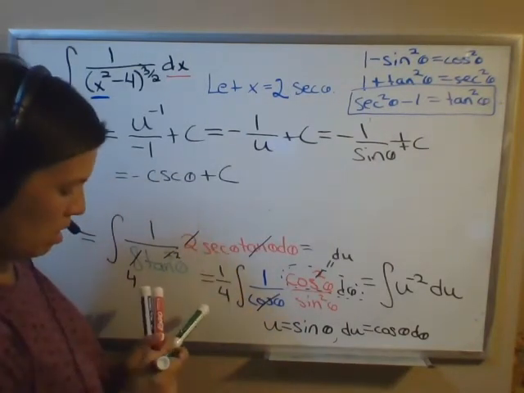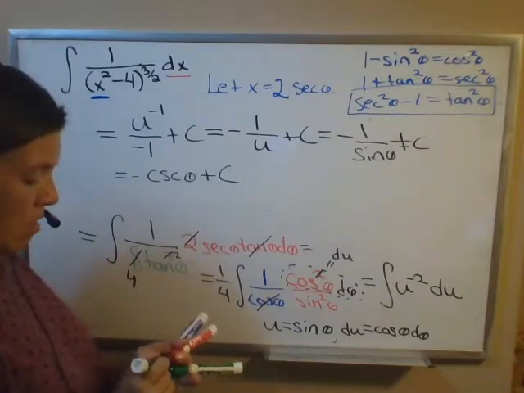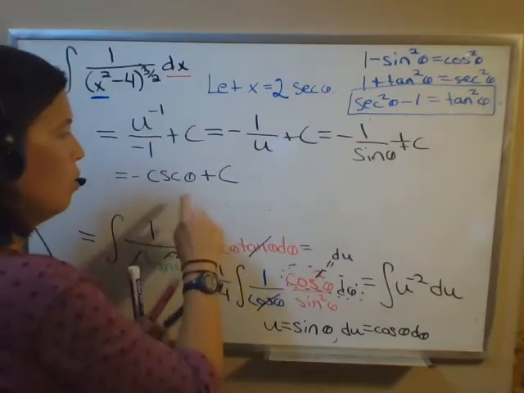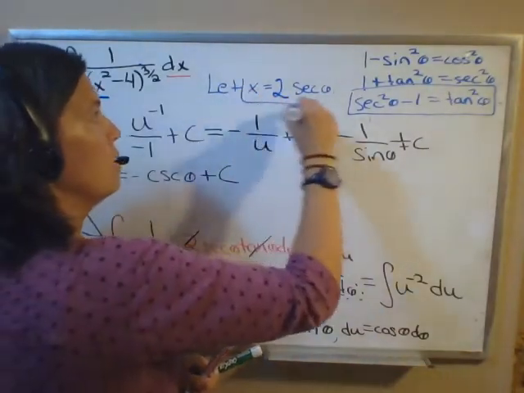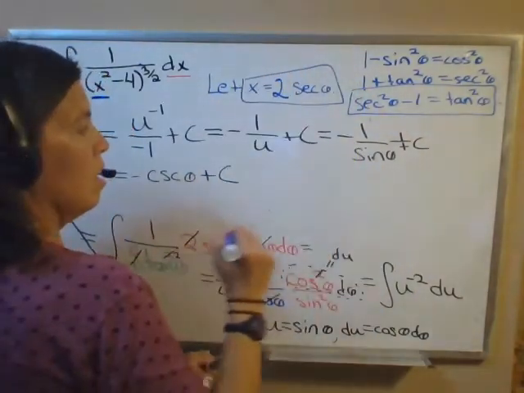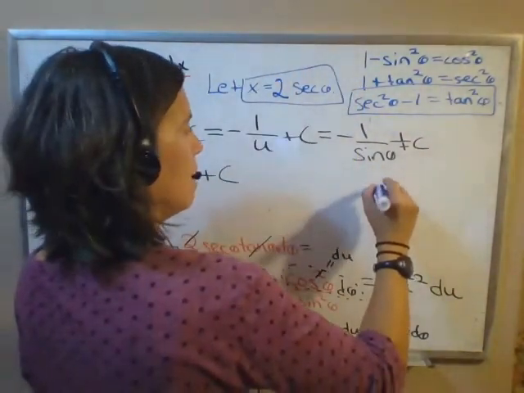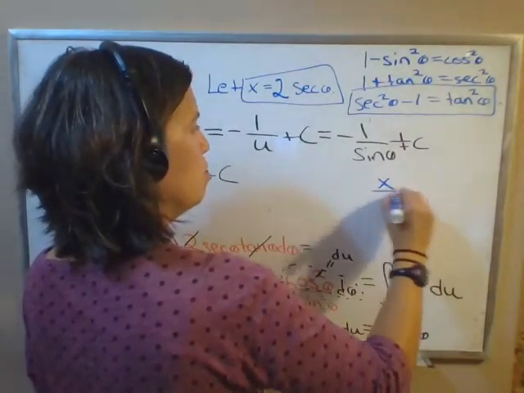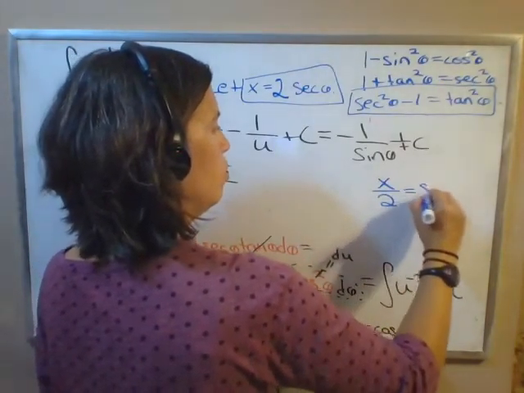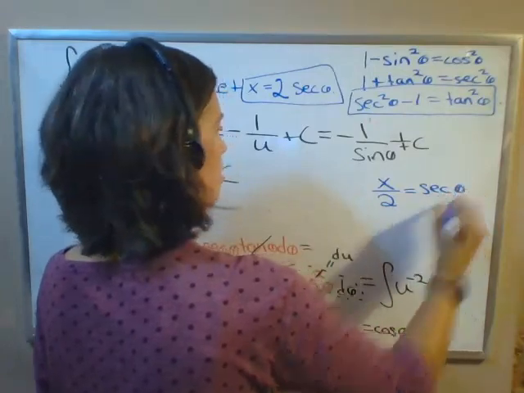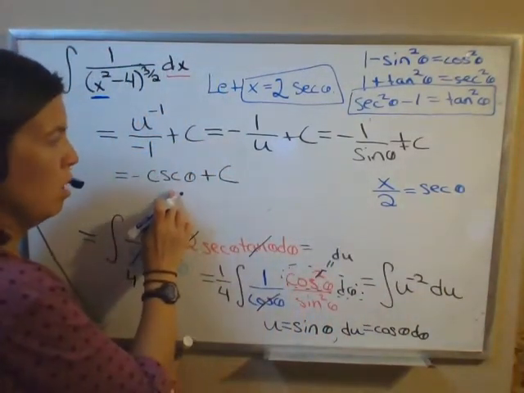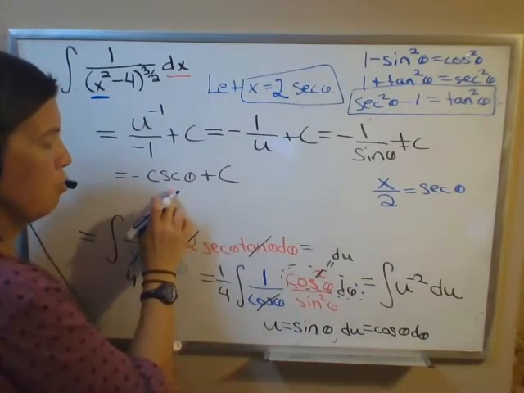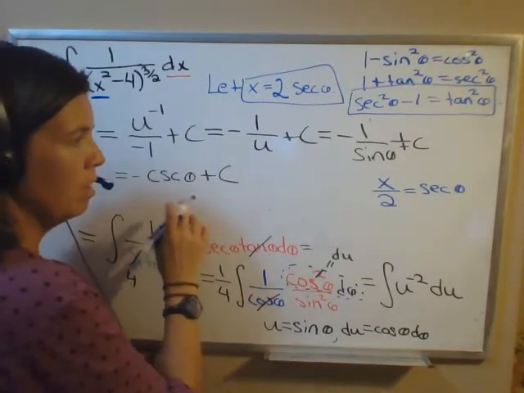Now we have to get it back to x. So getting from theta to x hinges on this equation right here, which I'm going to write as, dividing both sides by 2, x over 2 equals secant theta. I'm going to use a triangle to translate that to an expression of x for cosecant theta.